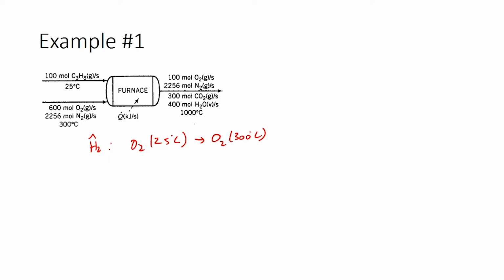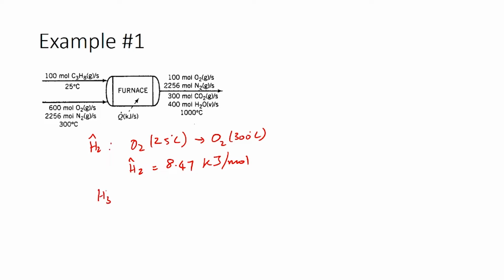So, this value can actually be obtained from the enthalpy table for combustion gases. It can be obtained from Felder-Rousseau in table B8, and it can be obtained from other textbooks and handbooks as well. So, this will then be H2 cap equals 8.47 kilojoules per mole.